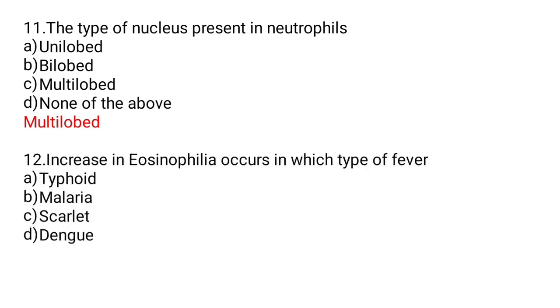So next question, increase in eosinophilia occurs in which type of fever? A. Typhoid, B. Malaria, C. Scarlet, and D. Dengue. So increase in eosinophilia occurs in scarlet fever as well as hay fever.